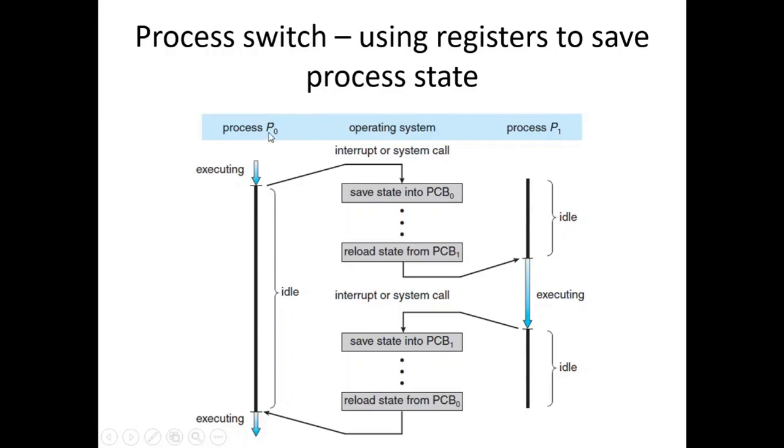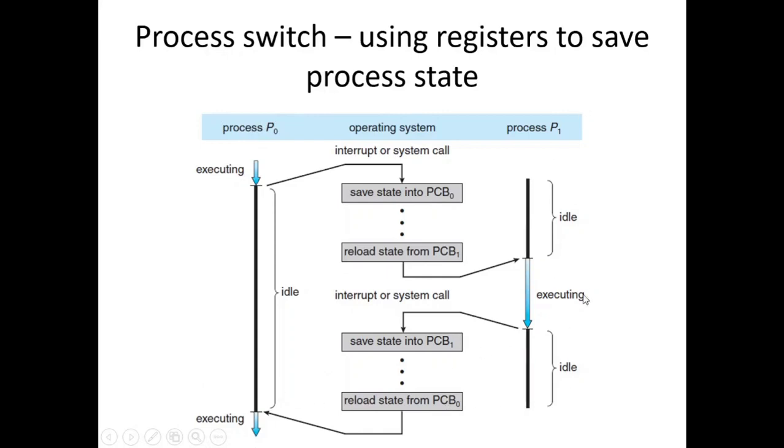We'll save the state of this particular process into its PCB, and then we'll reload the state from the PCB of this other process, and then process P1 will start executing. At that time, P0 will be idle. Once P1 is executing, another interrupt might occur, and P1 will have to save its state into its PCB, and then we'll reload the state of the PCB of P0, and P0 would start executing.